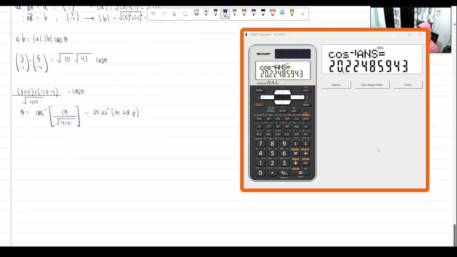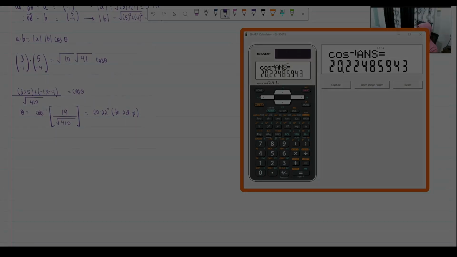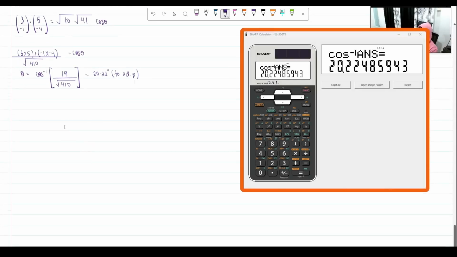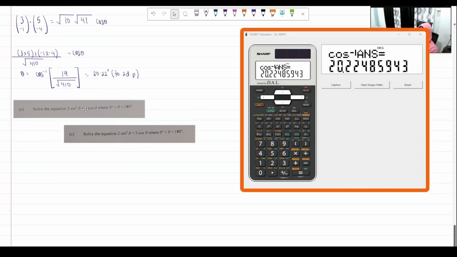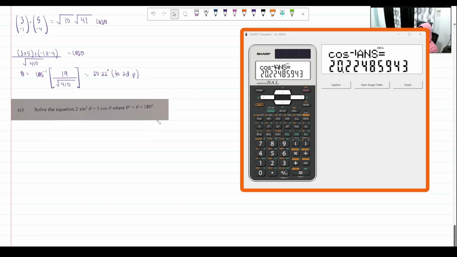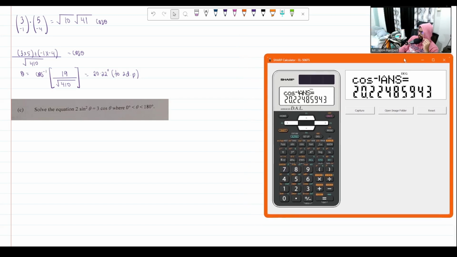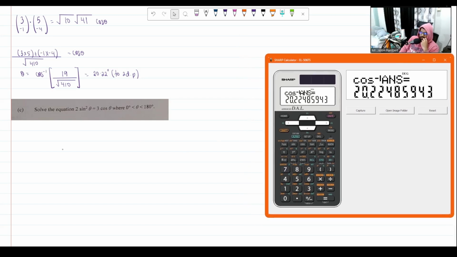Part C, solve an equation. Easy equation to solve. Nice domain they give us. Real nice domain they give us. 2 sine squared theta is equal to 3 cosine theta.